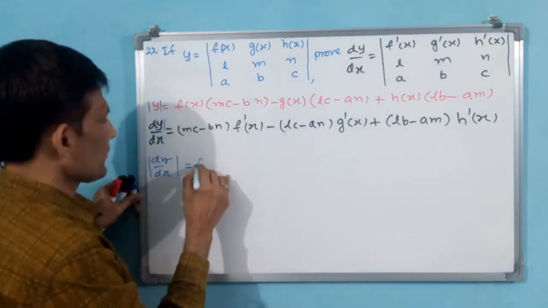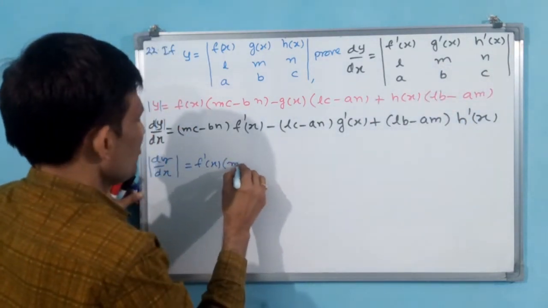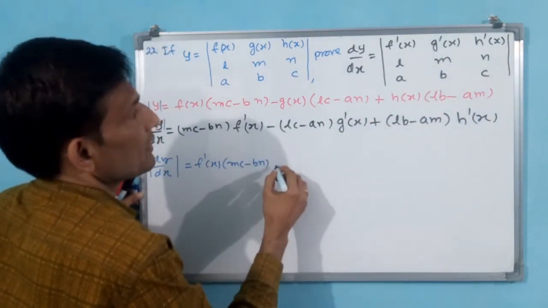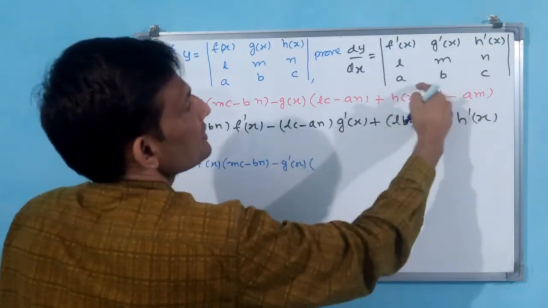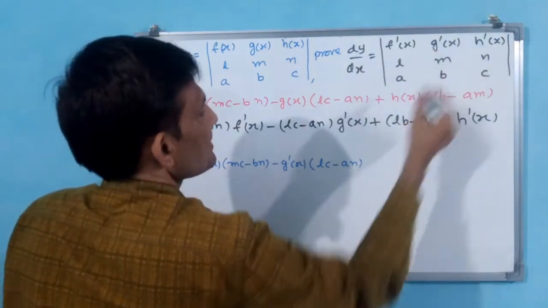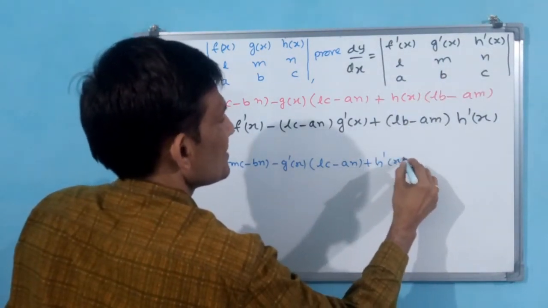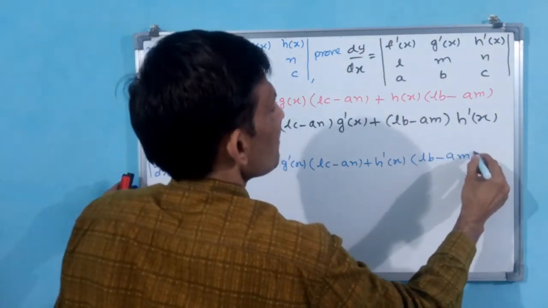f dash x into MC minus Bn, minus g dash x into LC minus An, plus h dash x into LB minus Am.